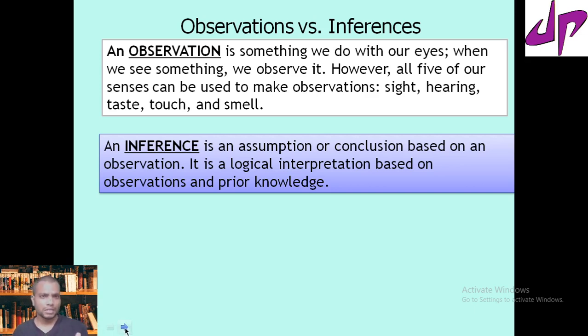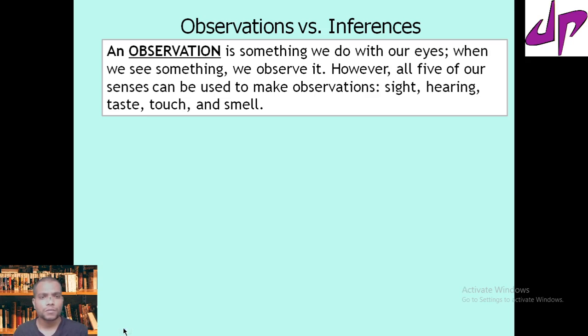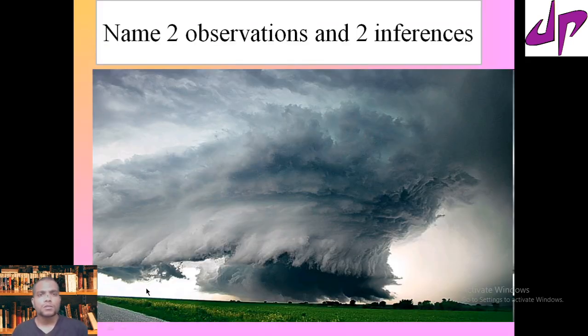I want you to make any two observations. Just observe the picture and make any two assumptions or conclusions. By seeing this picture on the screen, try to make two observations and two conclusions.